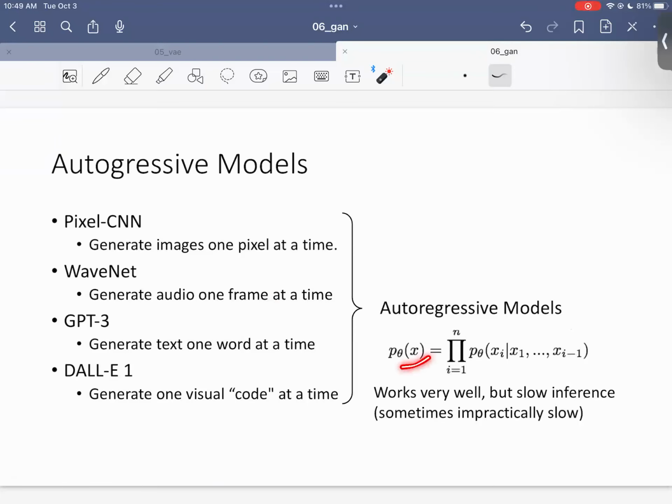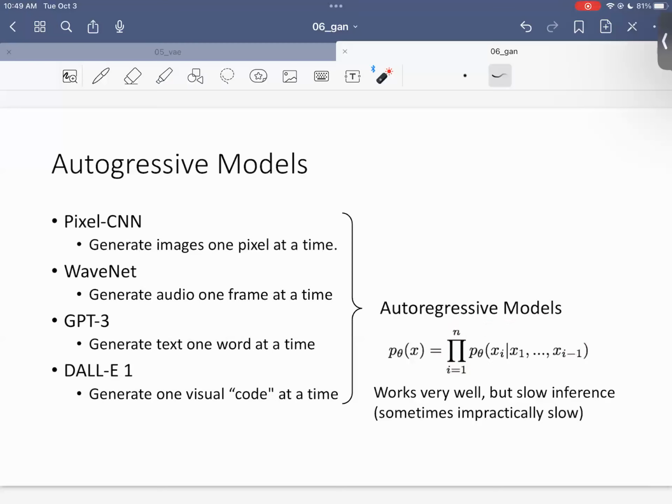Your x is an image or some sample, and its joint distribution, meaning all pixels in your image, can be modeled and factorized into this form.